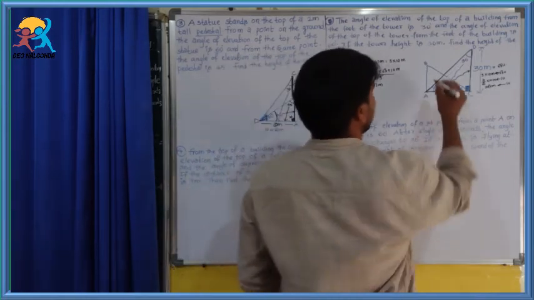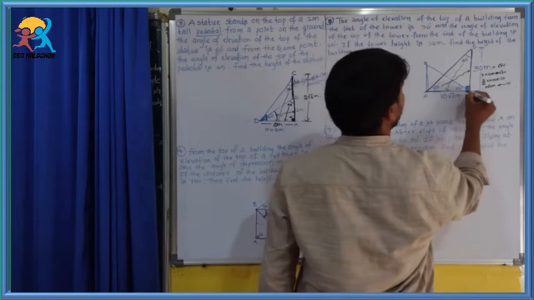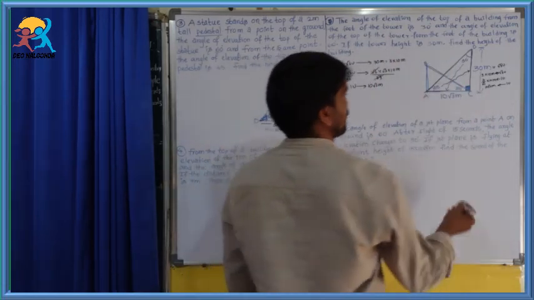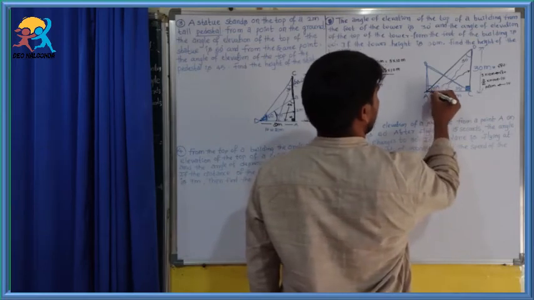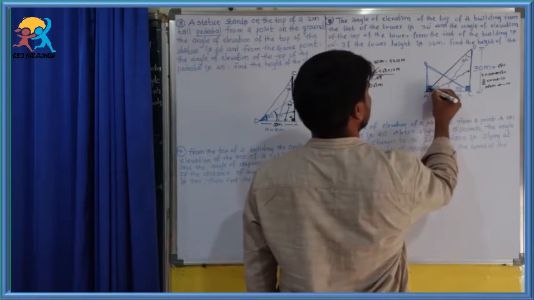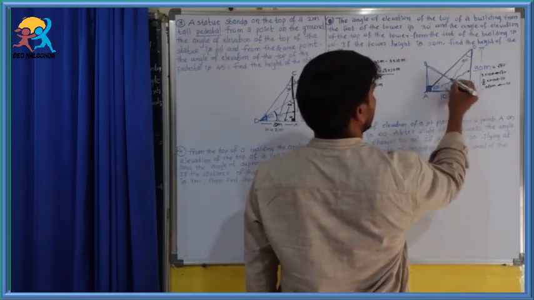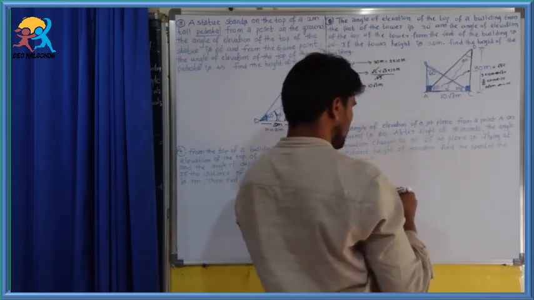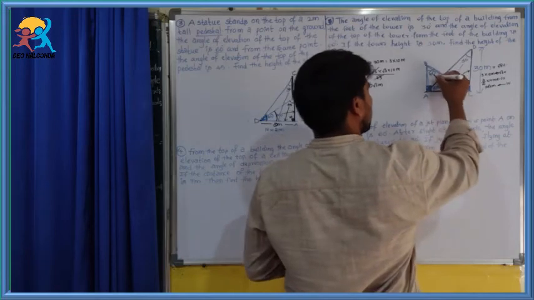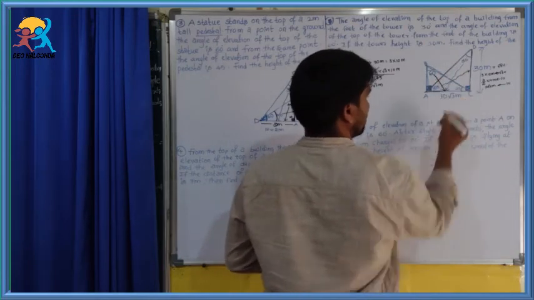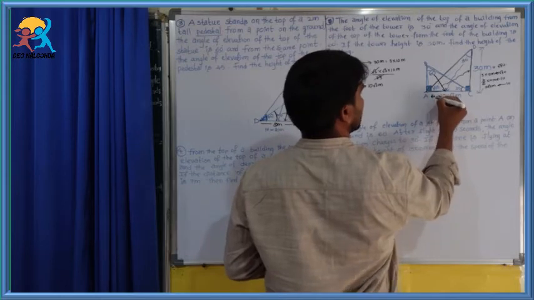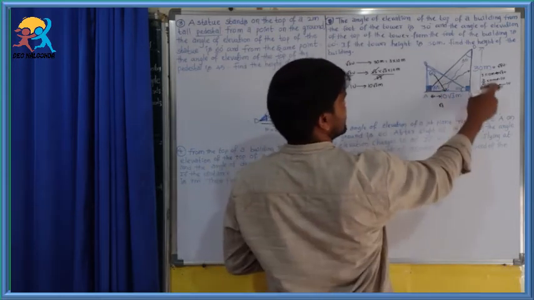Now consider triangle BAC. This is 90 degrees in this triangle, this is 30, then automatically it becomes 60. Opposite 60 degrees is 10 root 3, that is root 3 units in triangle ABC.